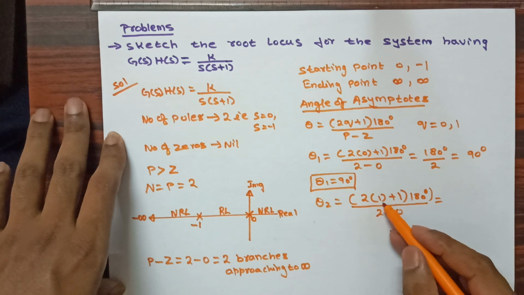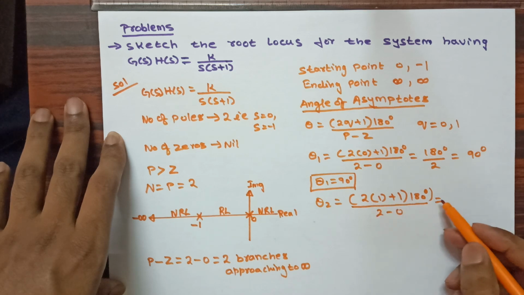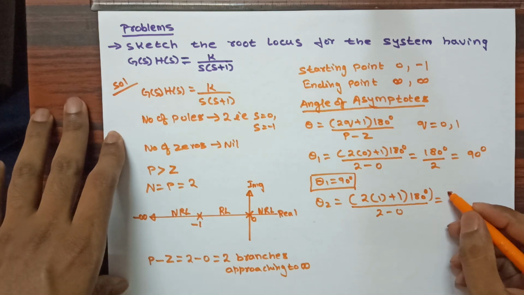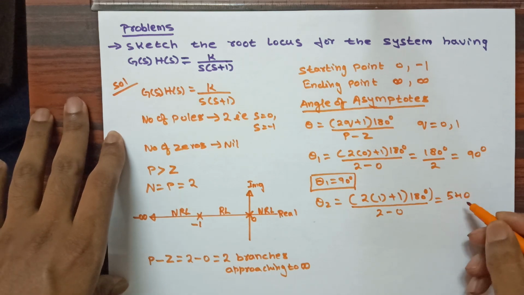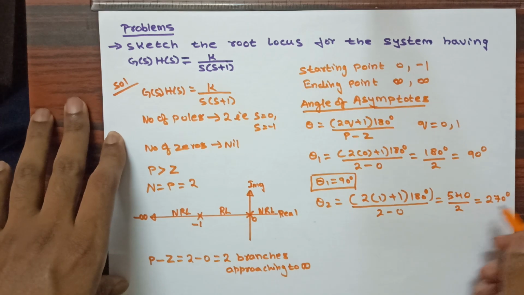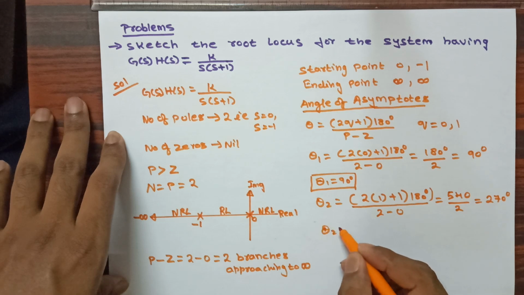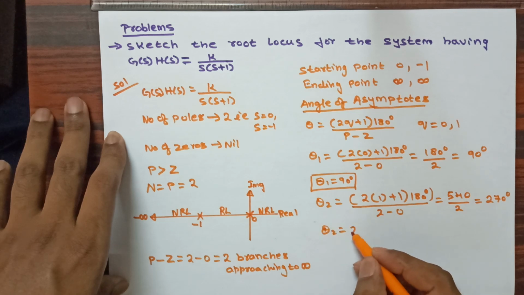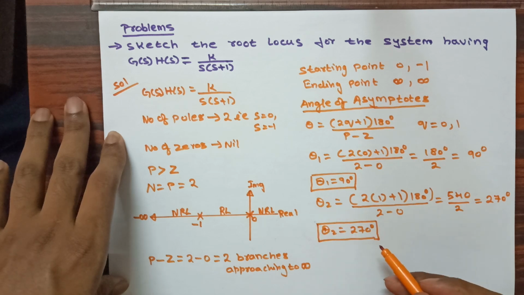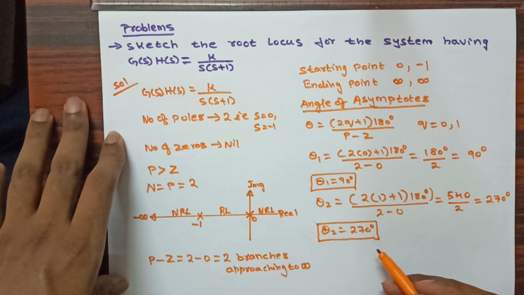Now 2 into 1 is 2, plus 1 is 3, 3 into 180 divided by 2, that is 540 divided by 2, we get 270 degree. So theta 2 is 270 degree. These are the two angles of asymptotes.